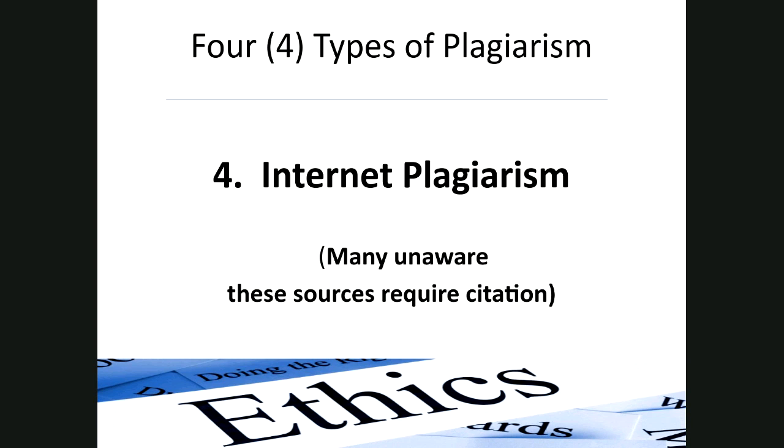The fourth type is internet plagiarism, in which many are unaware that these sources require citation. You think, oh, it's on the internet, I can just use that. No, no, no, no, you can't.